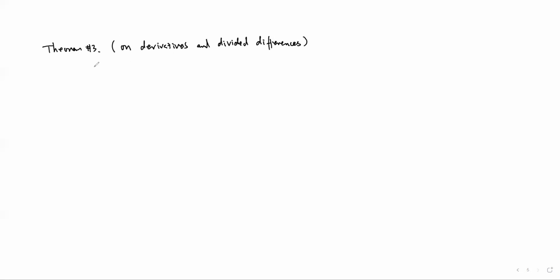The theorem says that if function f is in this set, the function defined on the open interval a to b and has n plus 1 derivatives.